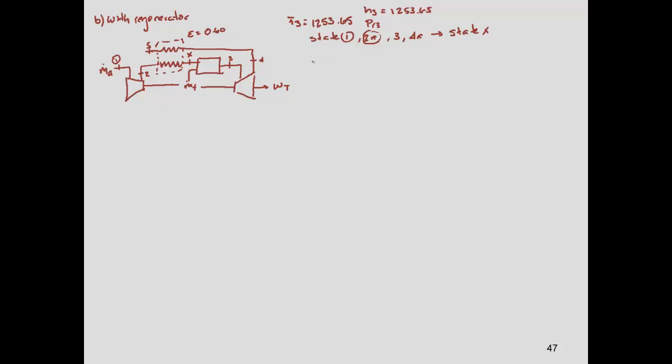And this effectiveness is equal to Hx minus H2 divided by H4 minus H2. So solving for Hx, we have 764.54.